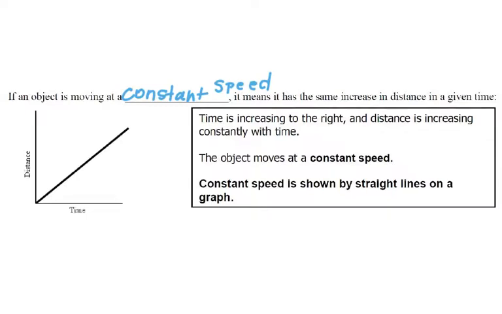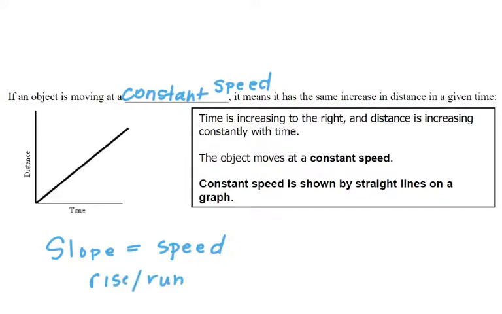And that's what's going to create these straight lines. In this situation, we've got something moving at a relatively fast speed, and we know that because it has a pretty good slope. Remember, the slope of the line is equal to the speed, and you calculate the slope the same way you always would, rise over run.